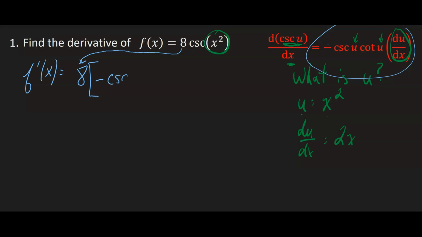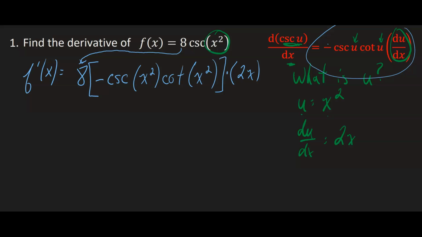Cosecant u, we'll fill in what u is. U is x squared. Cotangent of u, again that's still x squared, multiplied by the derivative of u with respect to x, 2x. All right, so now the last thing is we just want to tidy this up.